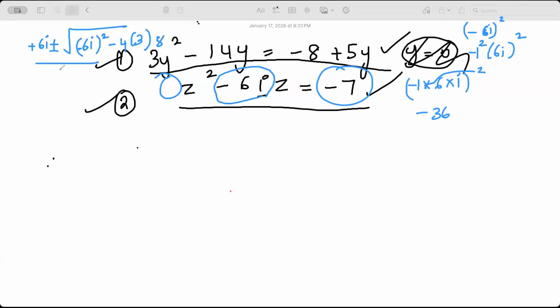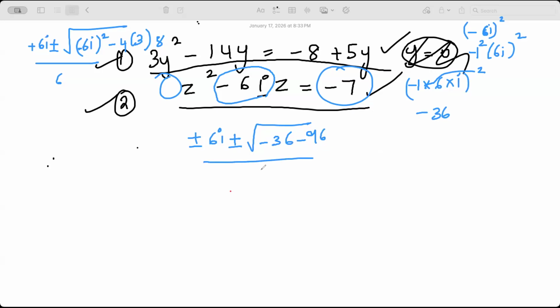Divided by 6. I'll write it down here, guys, to be a little neater. Plus or minus, this is minus 6i square, right? So 36i square is minus 36, minus 8 threes are 24, 12 eights are 96, right?